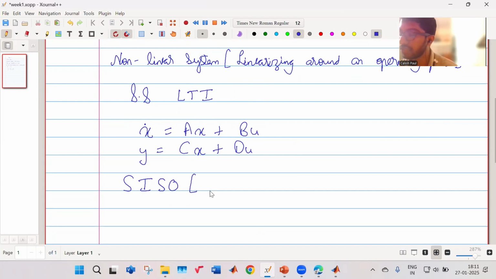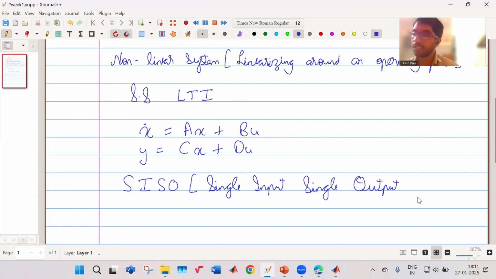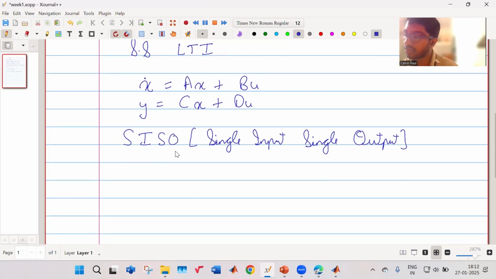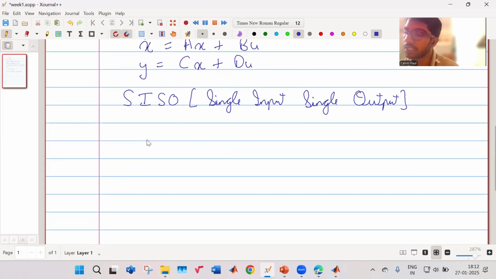SISO stands for single input, single output. What are these A, B, C, D? These are matrices, which we will generate for a system. I will start with a simple system known as the series RLC system.